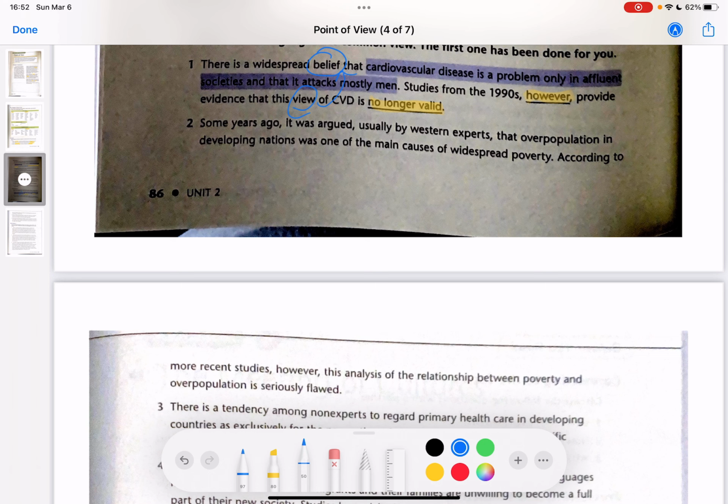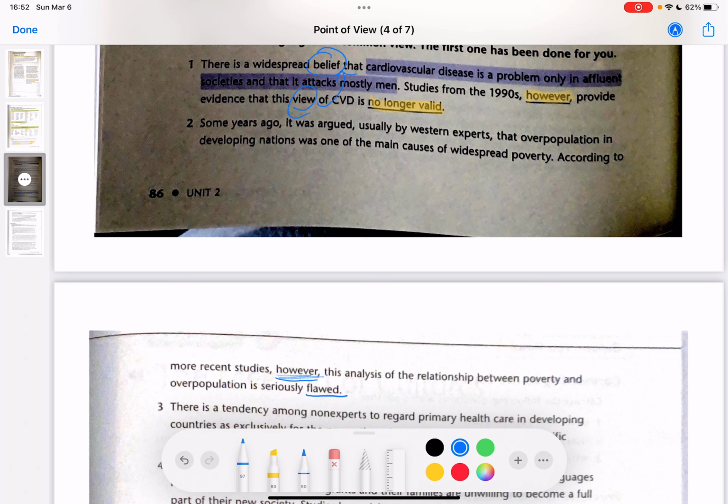Okay, so hopefully you noticed that however is the contrast marker here. And then maybe you had to go back to the page with the charts to find the assessment marker. If you did, that's okay. Hopefully you noticed that flawed is the assessment marker here.